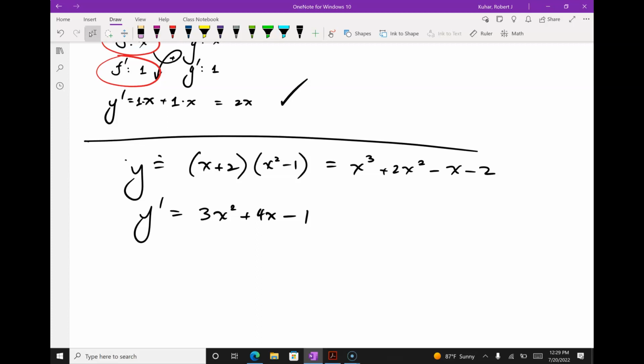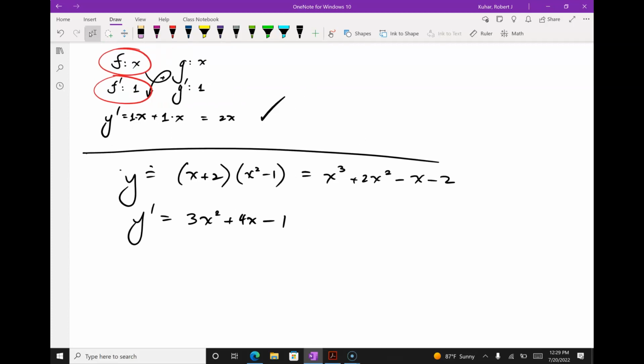Yeah, nice. Same problem with the product rule, right? What's my first function? Nice, x plus 2. What's its derivative? 1. Second function in the product is x squared minus 1. And what's that derivative? 2x.